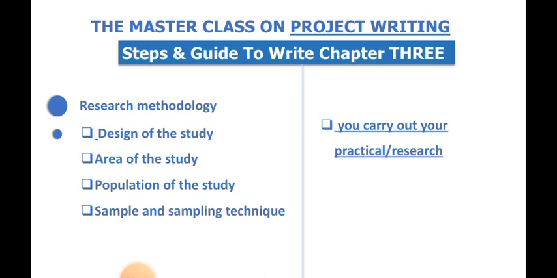Now let me give you a quick intro. Let's say you want to carry out a research and you want to know the effect of soft copy on student achievement in mathematics, using soft copy materials to study and using hard copy materials to study on student achievement in mathematics.